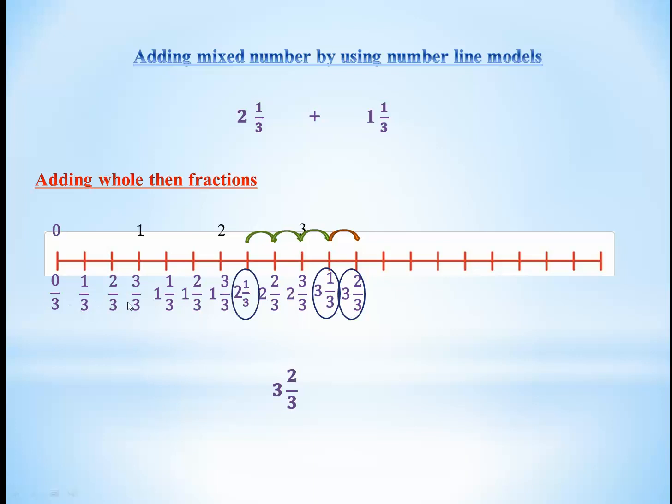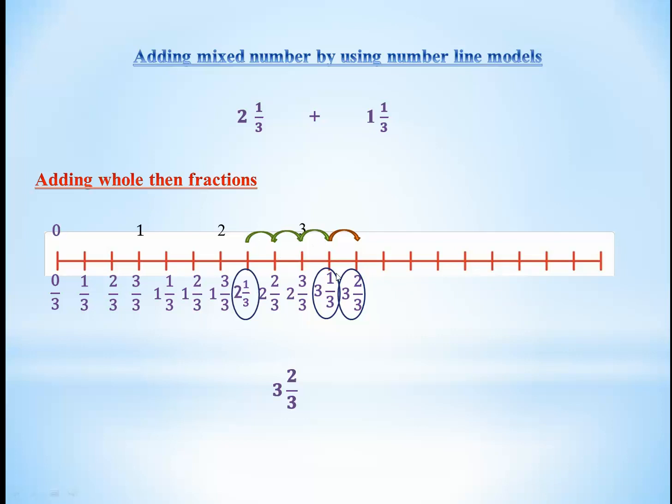We have 3 as the denominator, so 1 equals 3 steps. If the denominator was 4, it means 1 equals 4 steps. If the denominator was 7, it means 1 equals 7 steps.